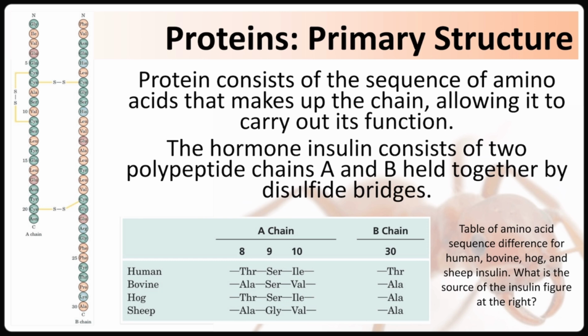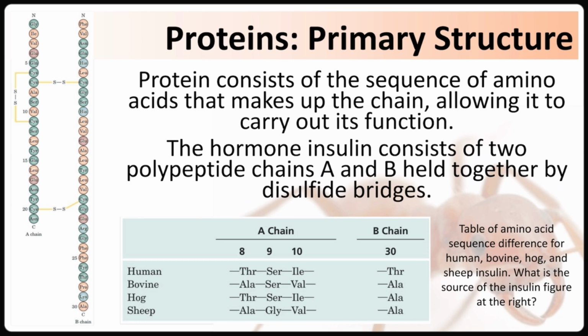The chain shows how two chains, A and B, are held together by disulfide bridges, and we can see that there are slight differences in amino acid sequence among humans, bovines, hogs, and sheep, the one that you can see in the table. Now, with the use of that table of amino acid sequence for human, bovine, and hog, let us identify the insulin source of the polypeptide chains that we can see on the left.